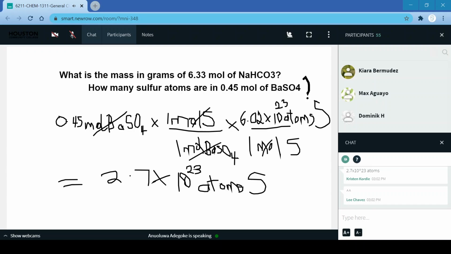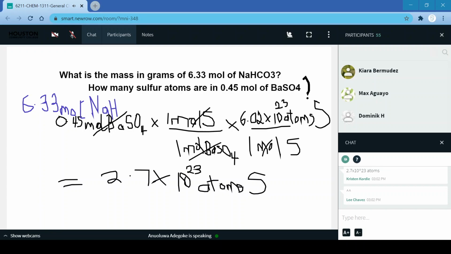So we're going to start off with 6.33 mole of sodium hydrogen carbonate. We want to convert that to the mass of sodium hydrogen carbonate.